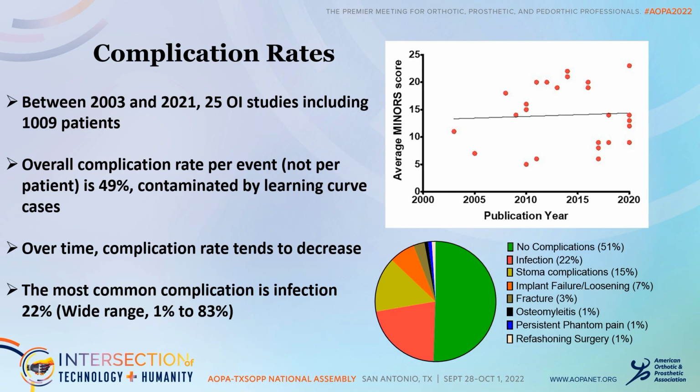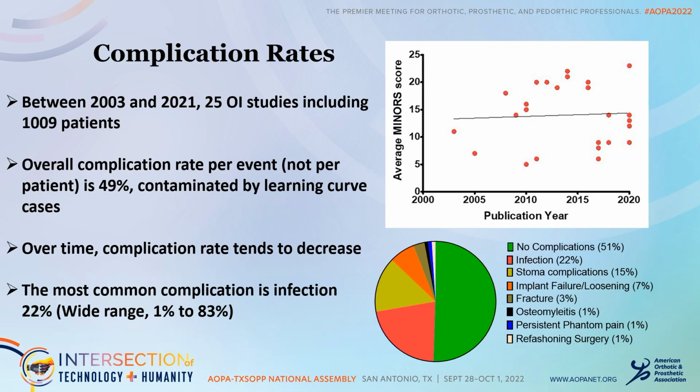Complications can be everything from skin penetration site pain or stoma pain to implant failure, loosening, requiring removal. Infection is the greatest risk for complication, but that ranges widely from a superficial skin infection that's easily treated with a one-time course of oral antibiotics to septic loosening, which requires implant removal.